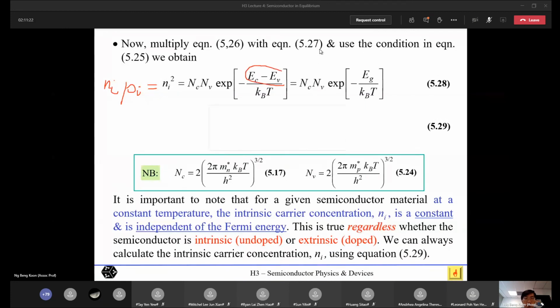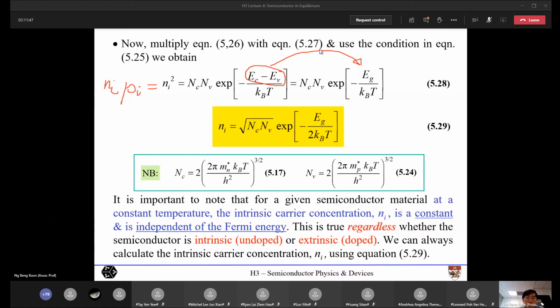Notice that the EI cancels out. And what is EC minus EV? It is the difference between the conduction and valence band, which is essentially the band gap of the semiconductor. So this EC minus EV is really just EG, the band gap.